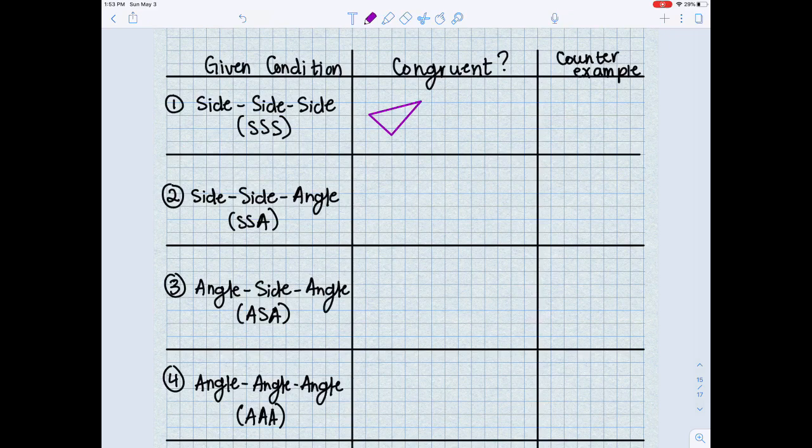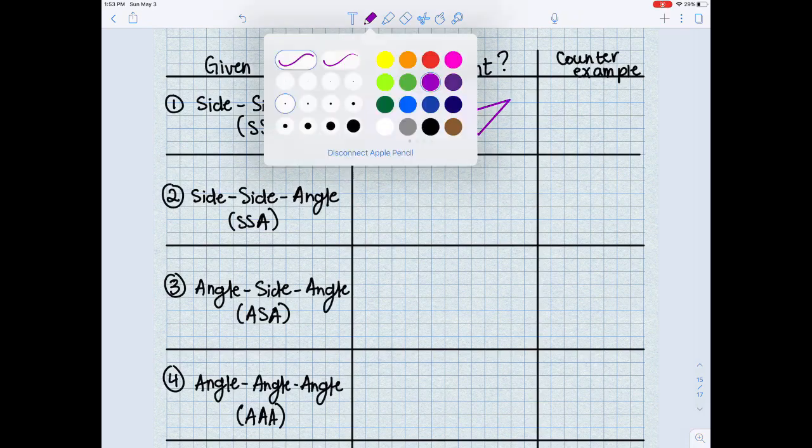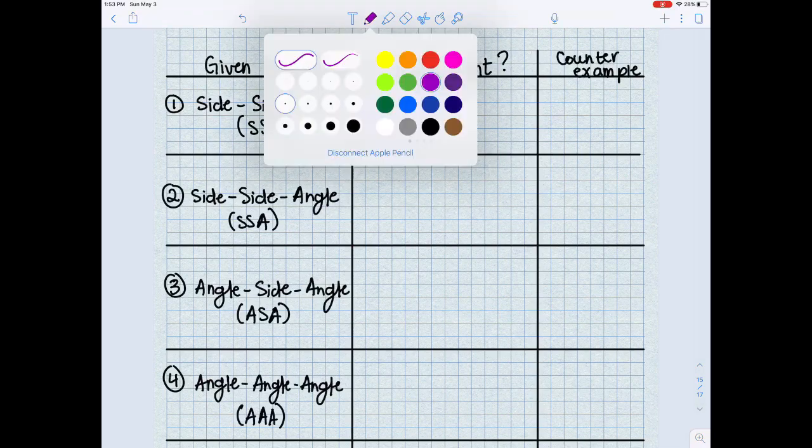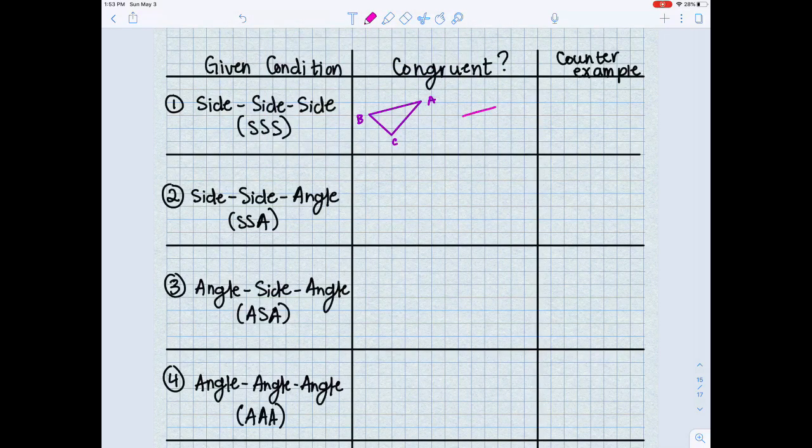So I believe this was A, this was B, and this was C. Again, doesn't need to be perfect. I should have changed colors here, actually. Let's switch to pink. There we go. And this was HQU.